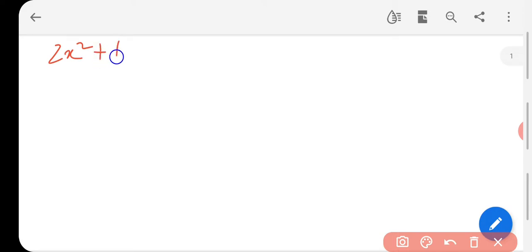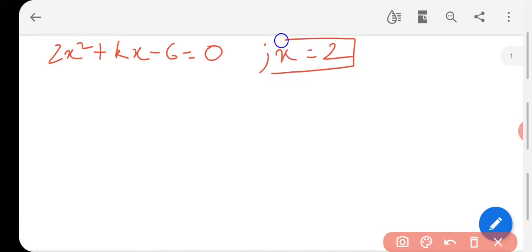Now the question is, if one root of the quadratic equation is 2, and the quadratic equation we have is 2x square plus kx minus 6 is equal to 0. One root for this equation is equal to 2, that is, the value of x here is 2.